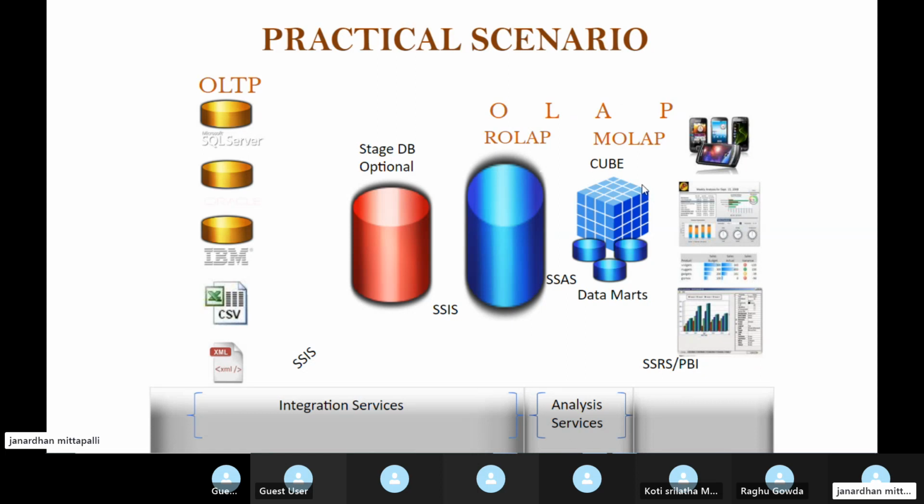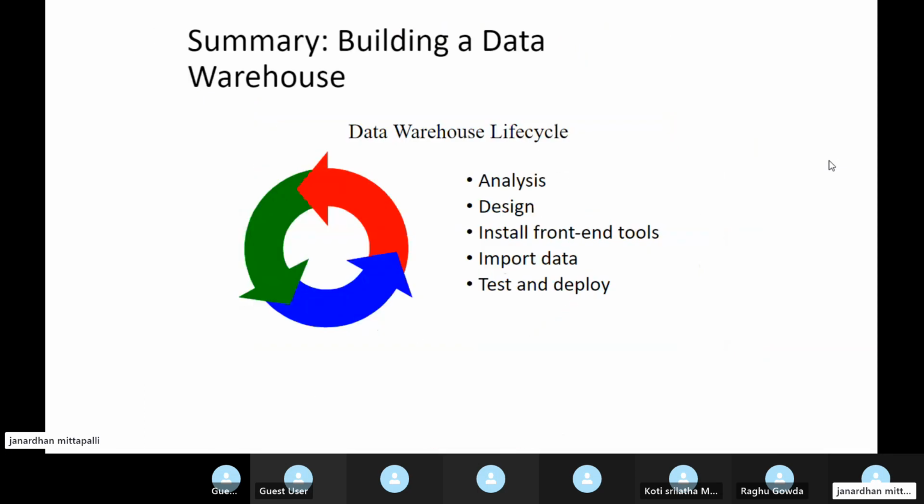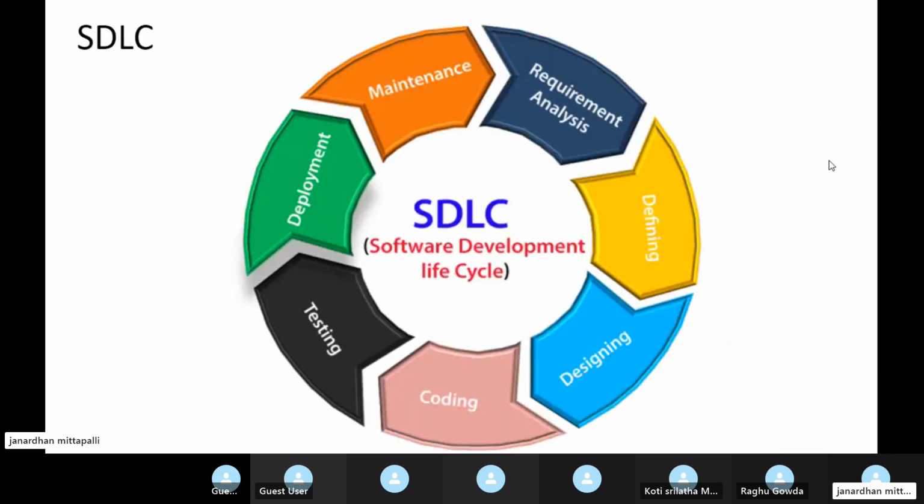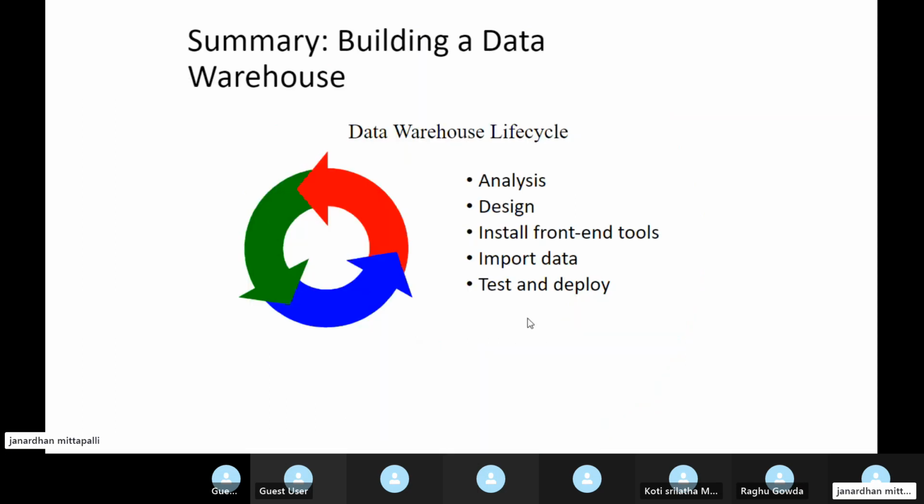Yesterday we finished the OLTP explanation, and we have also seen SDLC. I think everybody understood clearly, and based on the SDLC process, we have also seen the data warehouse lifecycle.